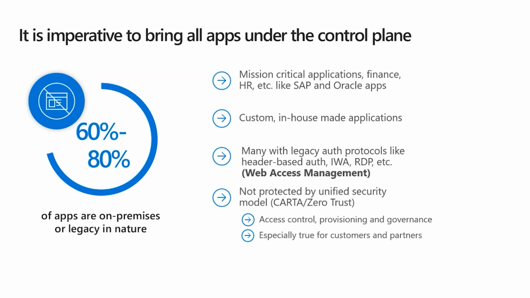So many of these applications might be using Kerberos integrated authentication, or Kerberos authentication, which is also what we call Windows integrated auth. Some applications might be accessible via RDP, but also a big portion of these apps are using what we call web access management technologies, which, to summarize what it means, is basically that you use HTTP, the protocol, as a way to reply back to the app with headers that are going to uniquely identify users, right?